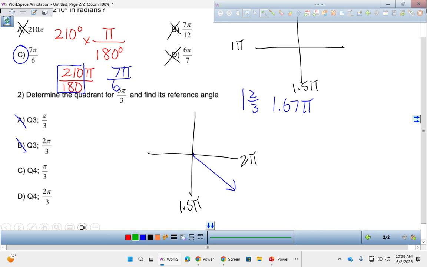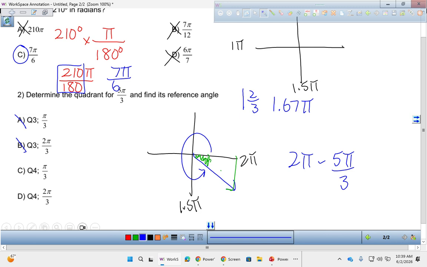So I need to draw a reference triangle. All right, so this is 5 pi over 3. I need to go a little bit more to get to 2 pi, right? The full rotation. So I'm doing 2 pi minus 5 pi over 3.